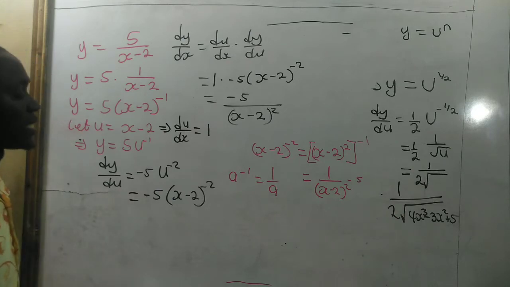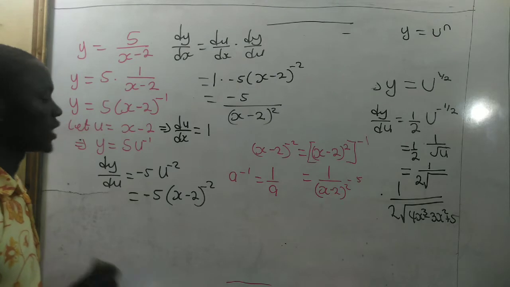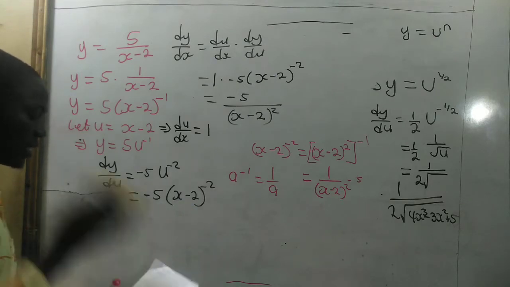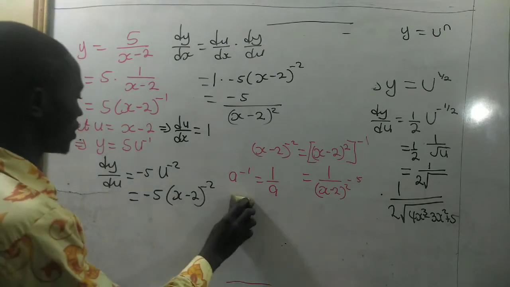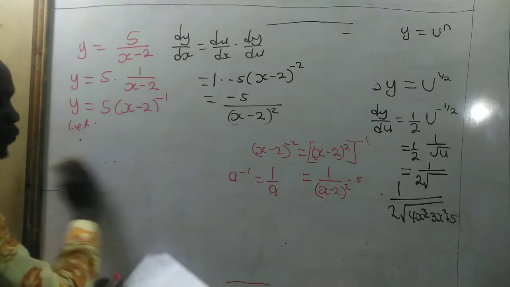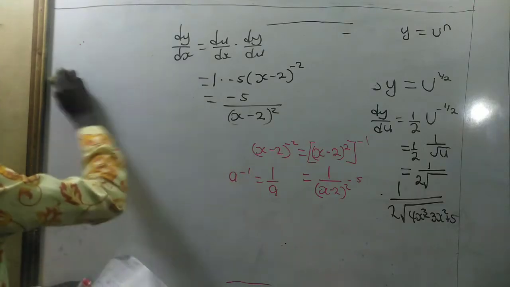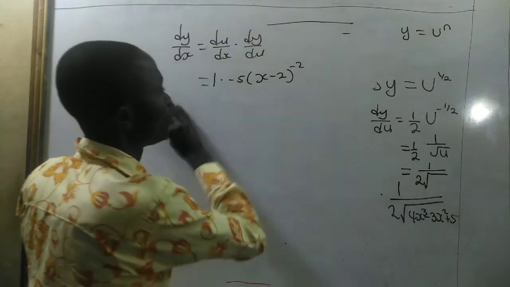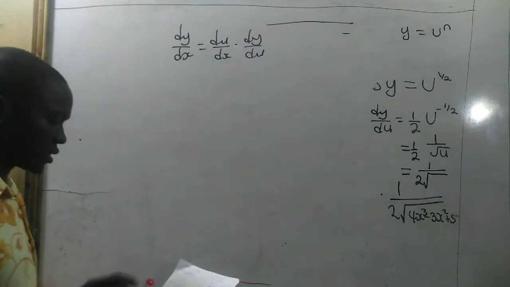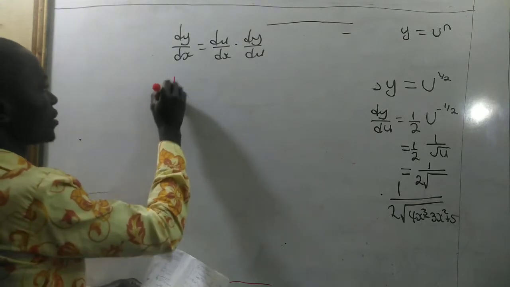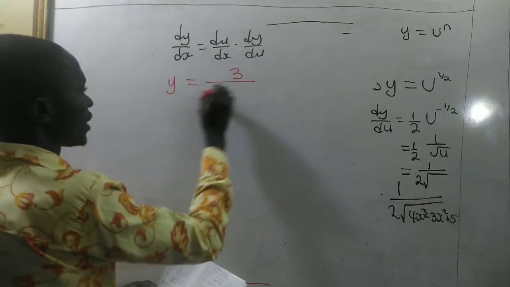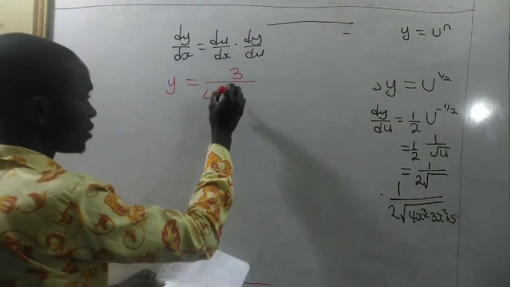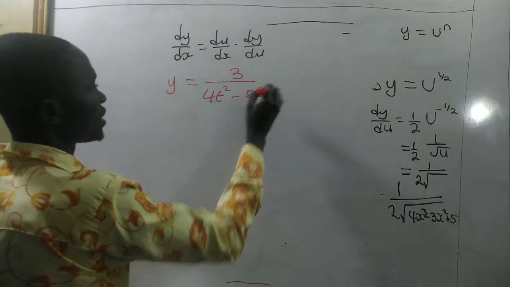Now let's take another example using the chain rule again. So in this one, we are going to take a very nice one here. We will be taking y is equal to 3 divided by 4t squared minus 5t.